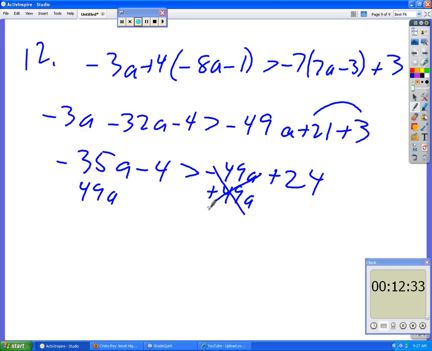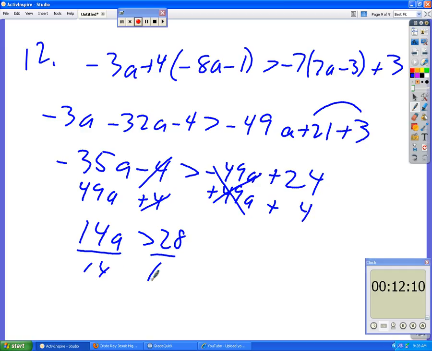Negative 4 is a plus 4. They cancel. So I now have 49 minus 35 is 14a, is greater than 24 and 4 is 28. And now I divide by 14. And I get that a is greater than 2.